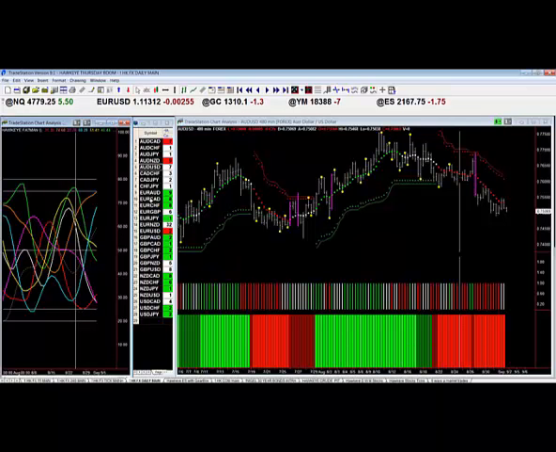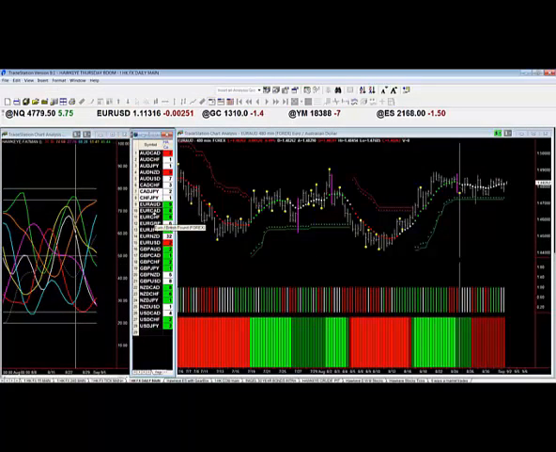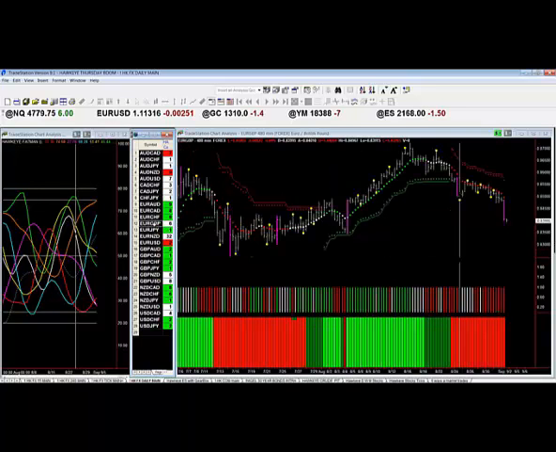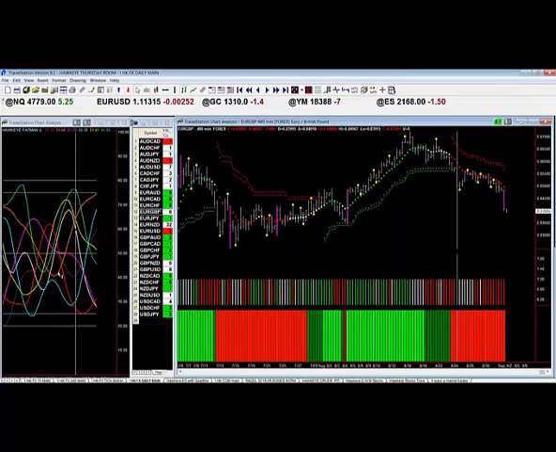I'll just rattle on a little bit because I don't want to spend all the time doing this, but I think that you get the idea. So let's look at this. Here we have the British pound, which is the brown line, going up at a very steep angle, and we have the euro, which is this green line, coming down from overbought at a steep angle.